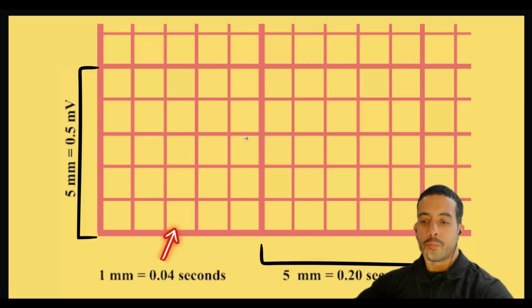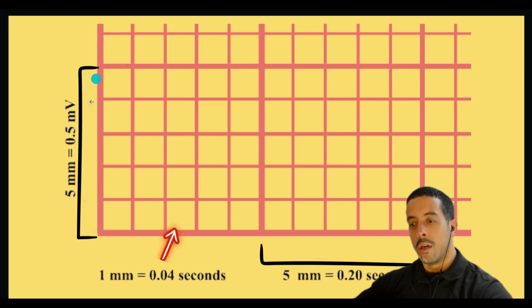Let's continue. Here is EKG paper. If you want to learn how to read EKGs, we need to go through the basics. One of the basic things we need to consider is how much time is the value of each small box, and then how much time is the value for all 5 boxes.